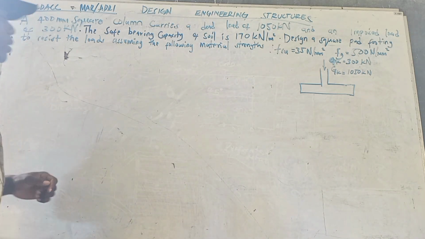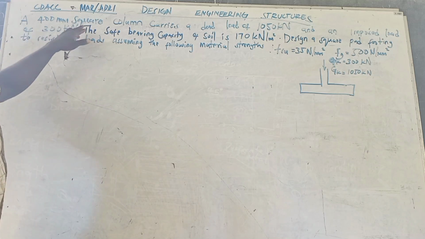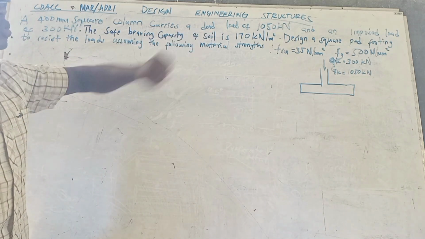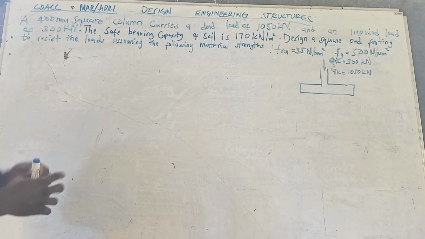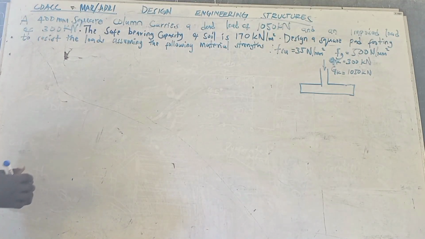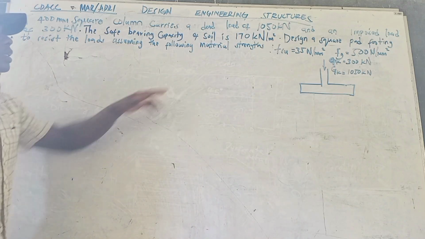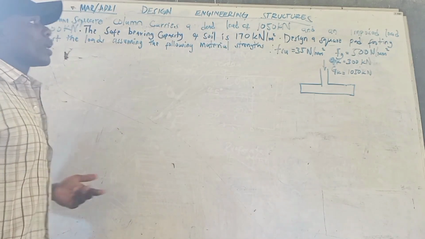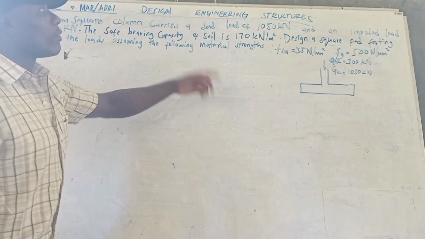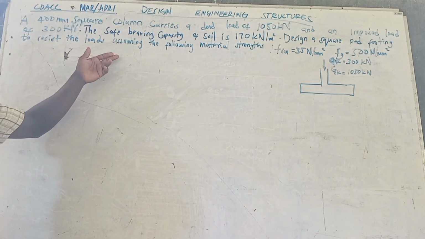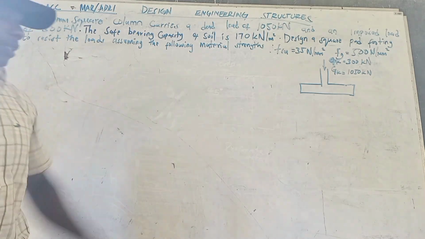So the question reads: a 400 millimeter square column carries a dead load of 1050 kilonewtons and an imposed load of 300 kilonewtons. The safe bearing capacity of soil is 170 kilonewton per meter squared, already given. Then design a square pad footing to resist the loads, assuming the following material strength.